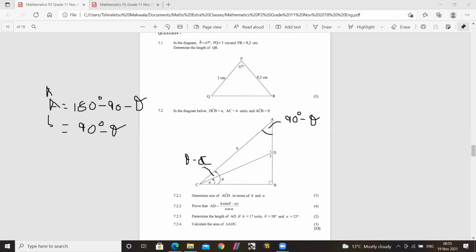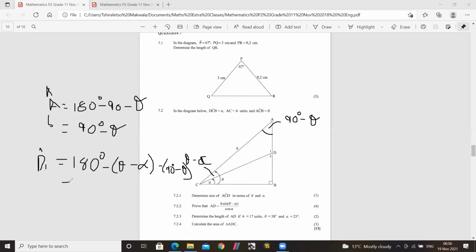So as you can see, we have two angles in this triangle. So let's calculate D1 and see what D1 is. D1 is equal to 180 degrees minus this whole thing, then minus 90 degrees minus theta.